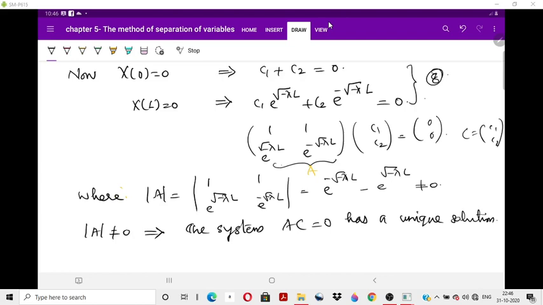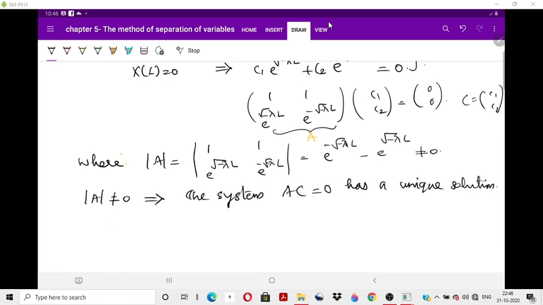Since c1, c2 equal to 0, 0 is always a solution of this homogeneous system, that is the trivial solution, and it is the unique solution, that is the trivial solution.